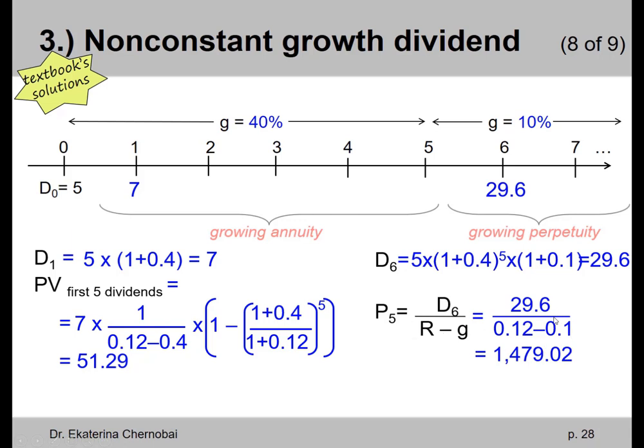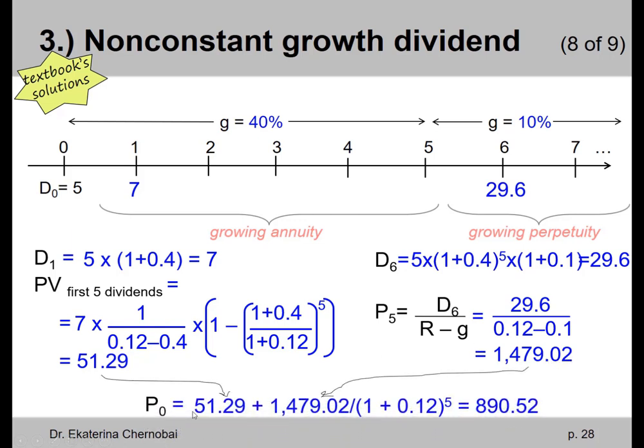And it gives the present value at the end of the 5th year, counting from today: $1,479.02.